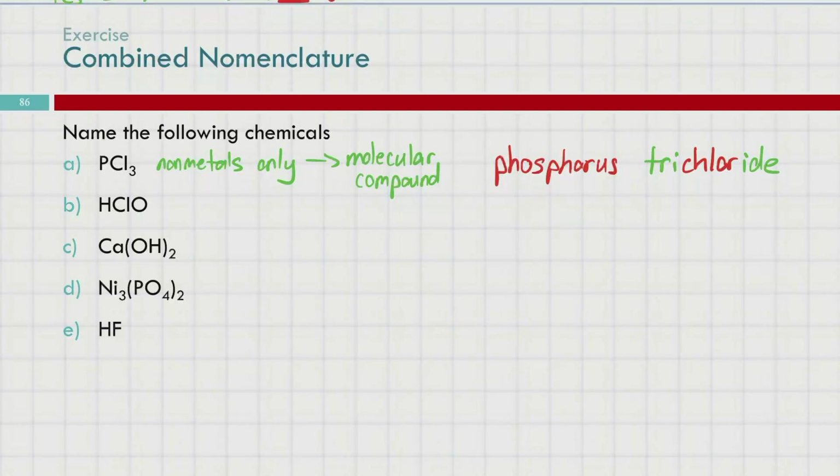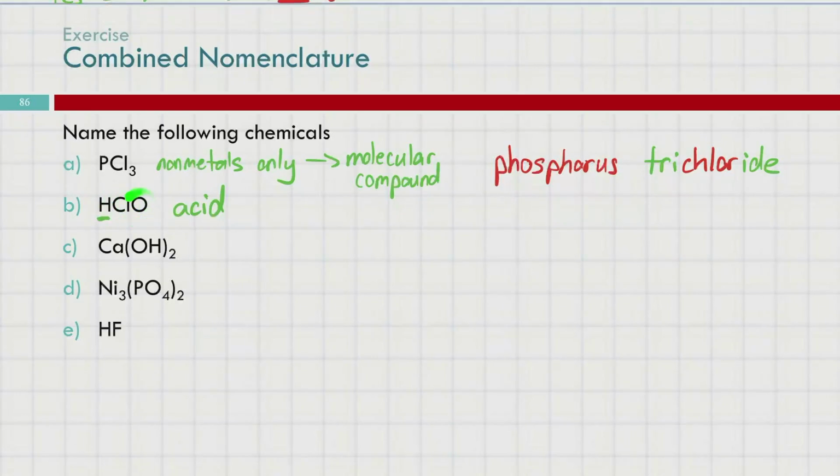For our second one, HClO, we have hydrogen in front. Hydrogen in front is our giveaway that it's an acid. We've got 2 possible types of acids. We've got binary acids, just 2 things. We have more than 2 things, so that must mean that we've got an oxyacid. Oxyacids have an oxygen in them and some other nonmetals.